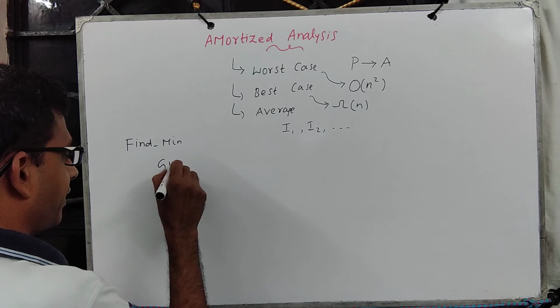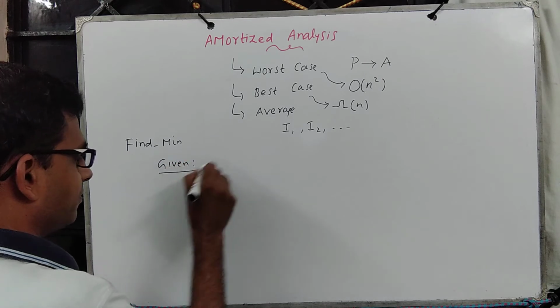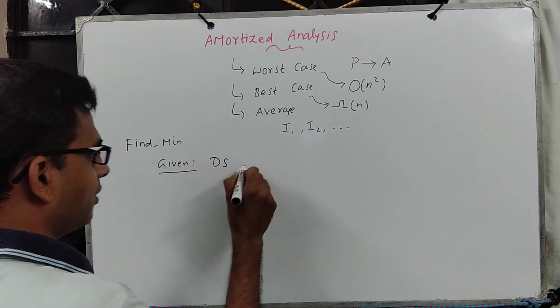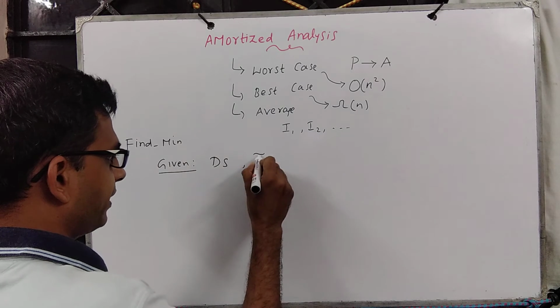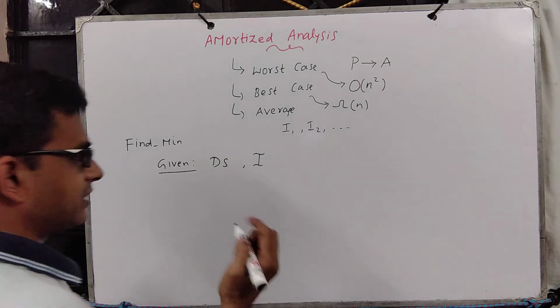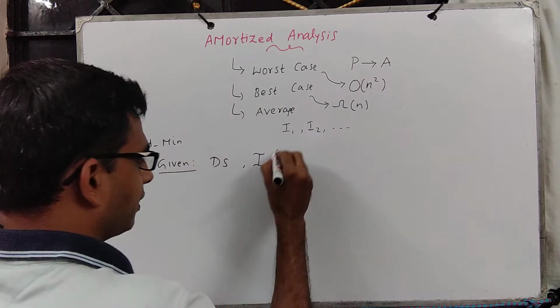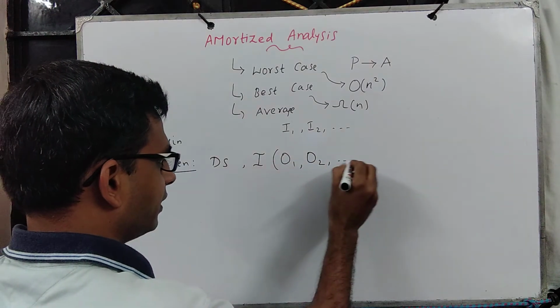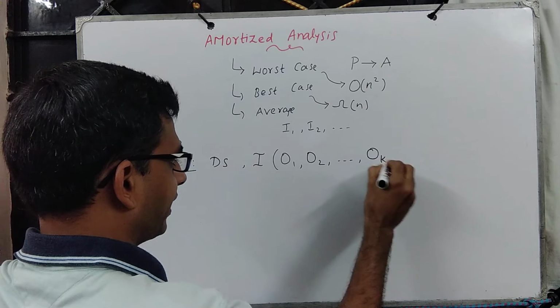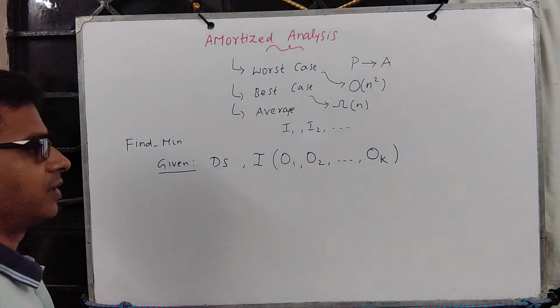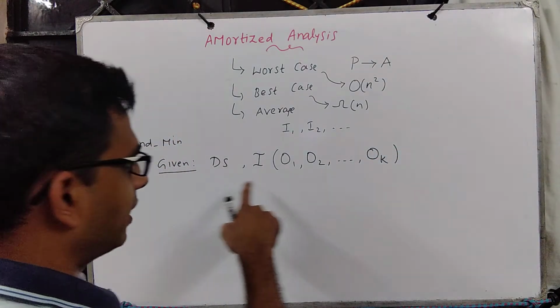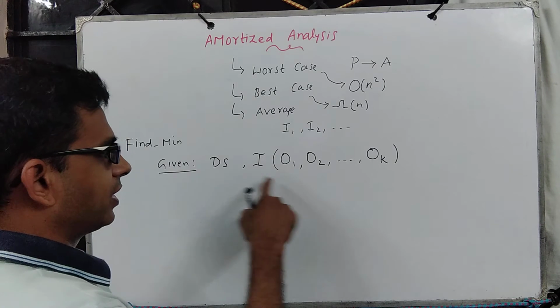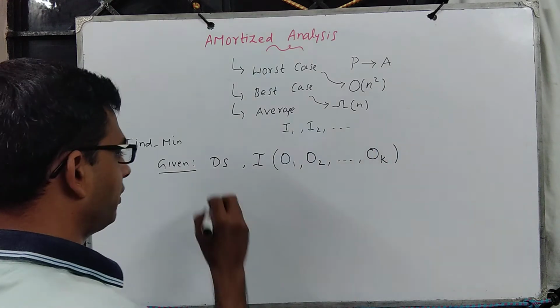Suppose we are given a data structure. Along with that, now the objective is not just one operation. The input sequence consists of a sequence of operations, say k different operations: a data structure and an input sequence consisting of many operations.